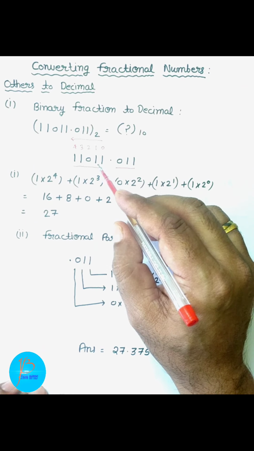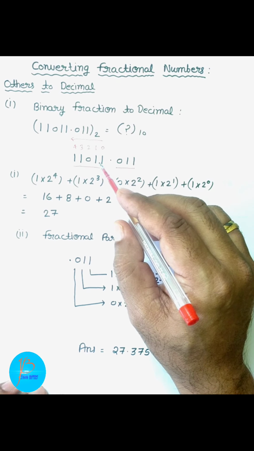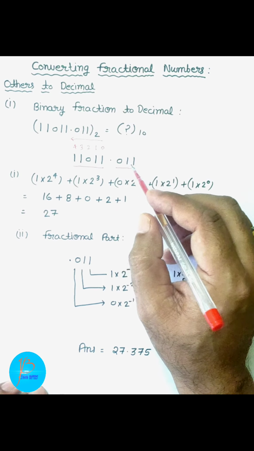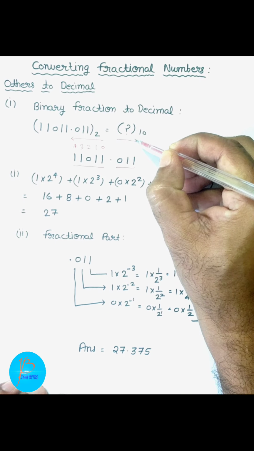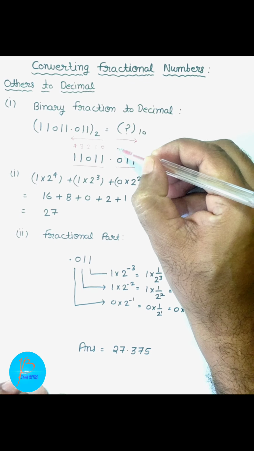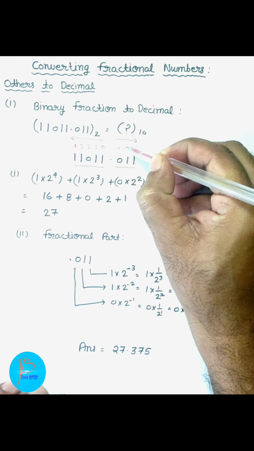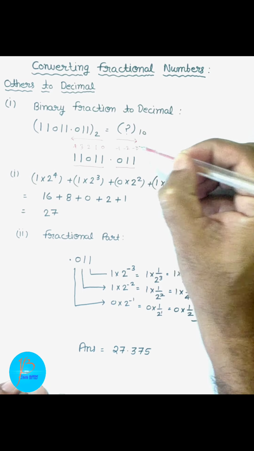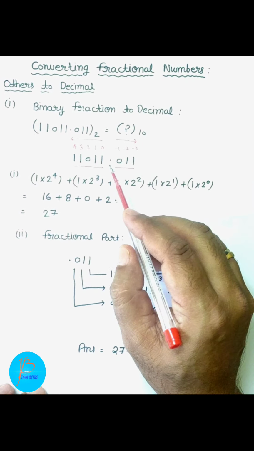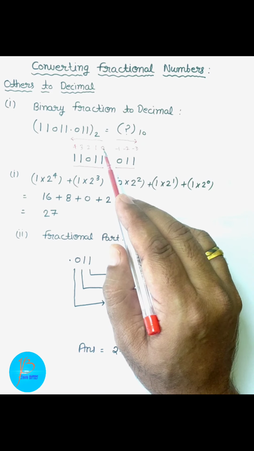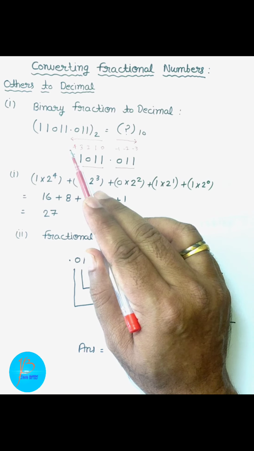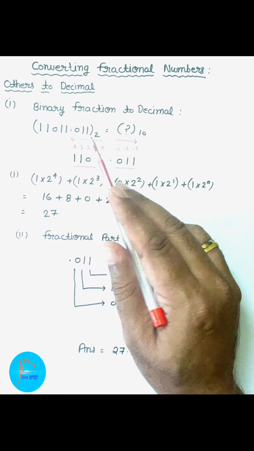This marking is done for the integer part, and in the same way you will mark the fractional part, from left to right. The marking will start as -1, -2 and -3. The integer digits are marked from right to left starting from 0, 1, 2, 3, 4, and these numbers are the powers of 2.